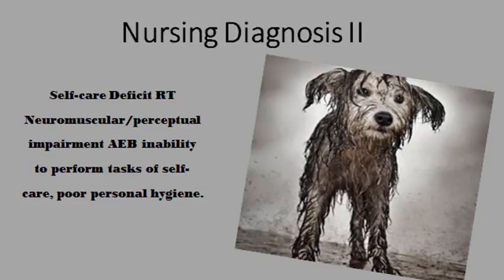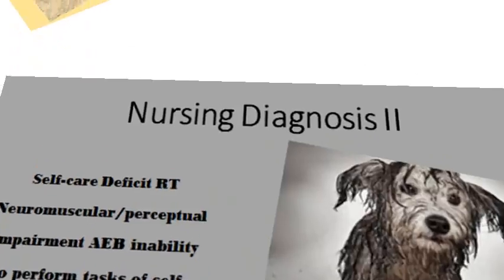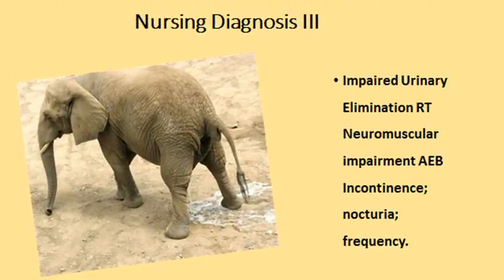Self-care deficit related to neuromuscular perceptual impairment, as evidenced by inability to perform tasks of self-care, poor personal hygiene. Nursing diagnosis 3. Impaired urinary elimination related to neuromuscular impairment, as evidenced by incontinence, nocturia, frequency.